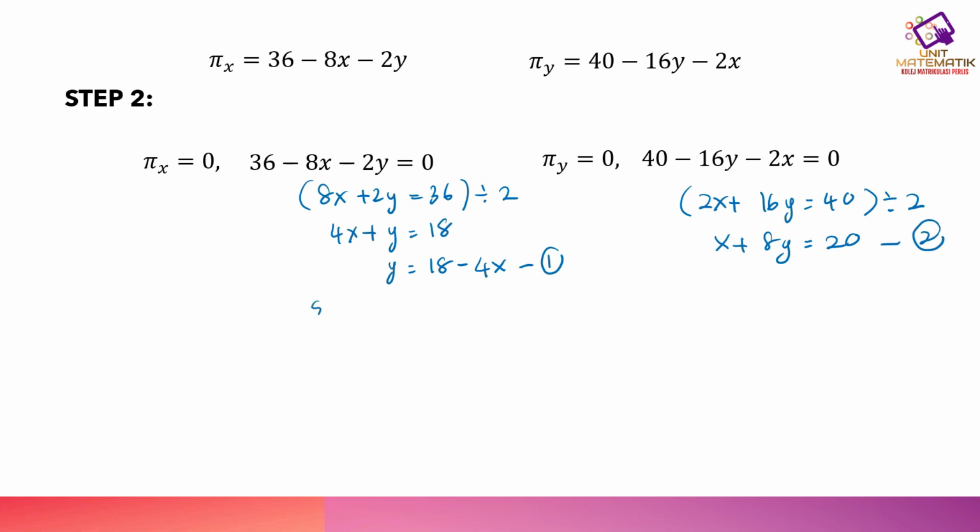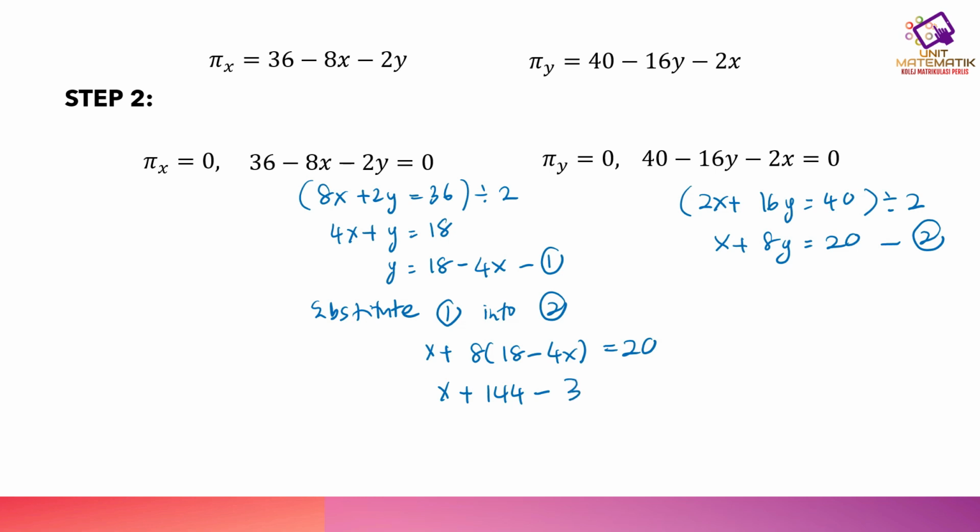We can substitute the first equation into the second equation. x plus 8y, so 8 multiplied by 18 minus 4x equals 20. x plus 144 minus 32x equals 20.